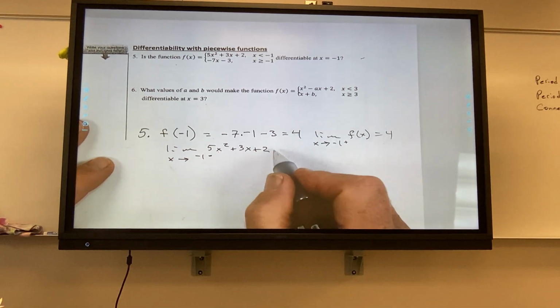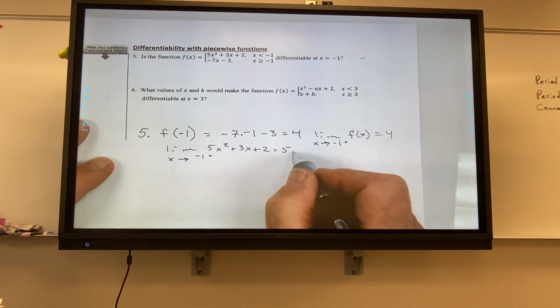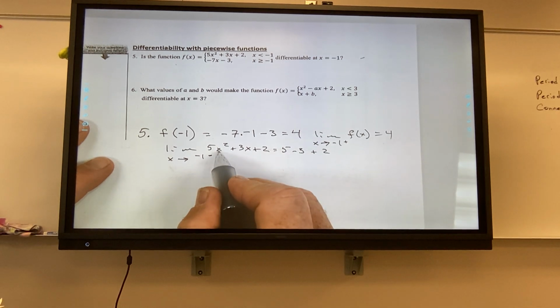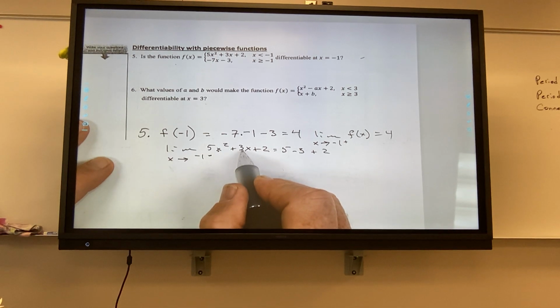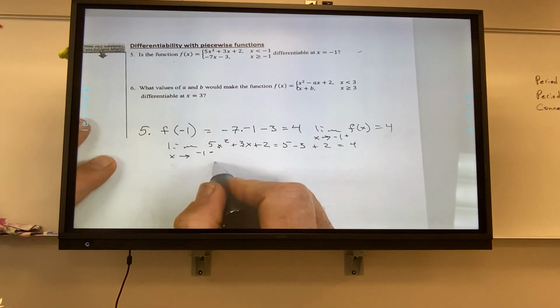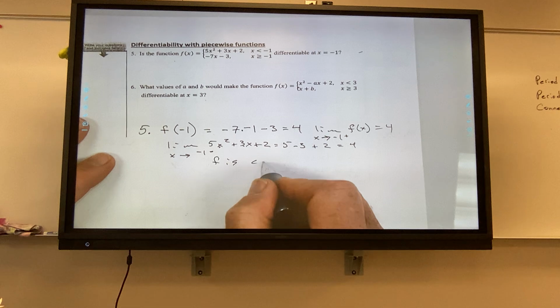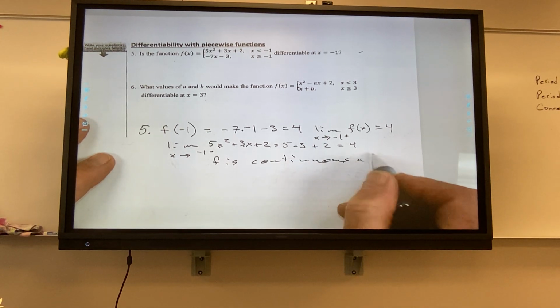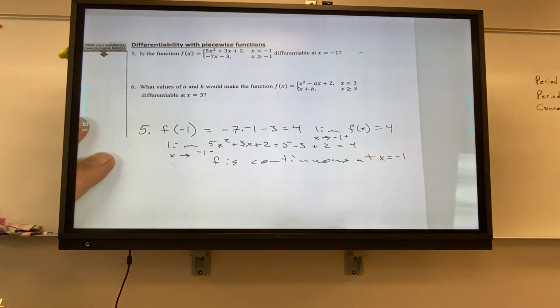That's going to give me 5 minus 3 plus 2, because I'm squaring a negative 1, which makes it positive. This will be a negative 3. What do I get here? 4. f is continuous at x equals negative 1.